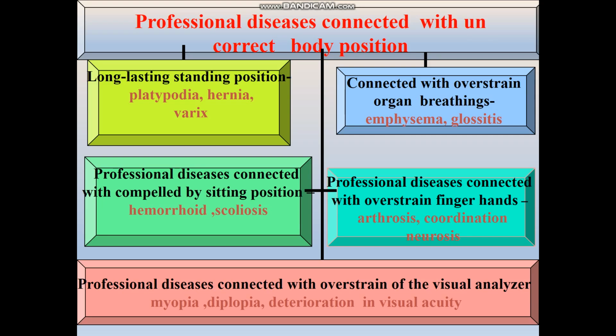Professional diseases connected with complex bicytic position: hemorrhoid, scoliosis. Professional diseases connected with overstrained fingers and hands: hand arthrosis, coordination neurosis. Professional diseases connected with overstrain of the visual analyzer: myopia, diplopia, deterioration in visual acuity.